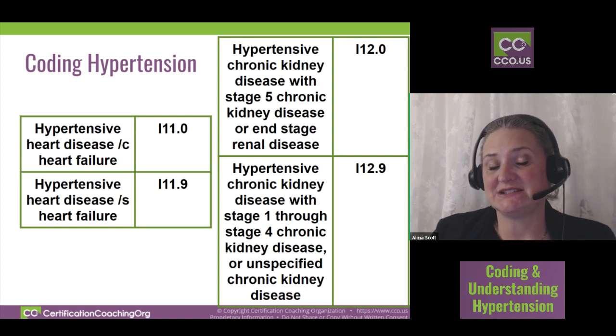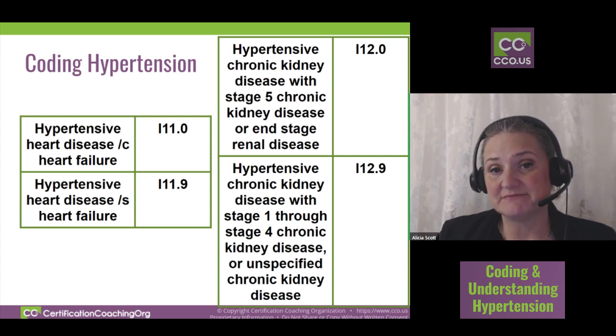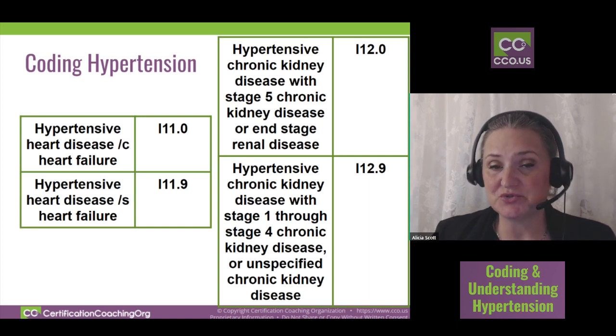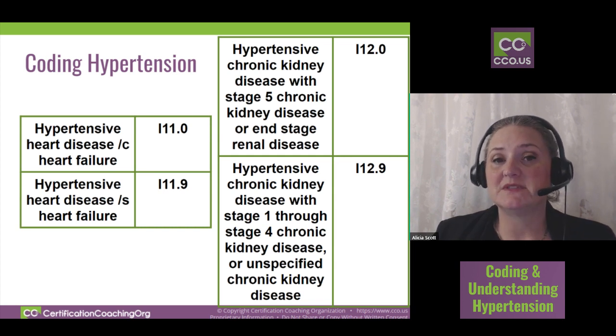If a patient has stage 5 or end-stage renal disease, that's CKD stage 5, they're on dialysis. You're going to also use an additional code for the CKD or end-stage renal disease, which is N18.5, or I think N18.6.